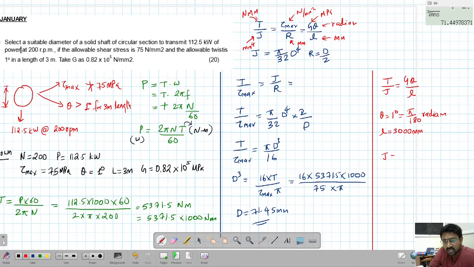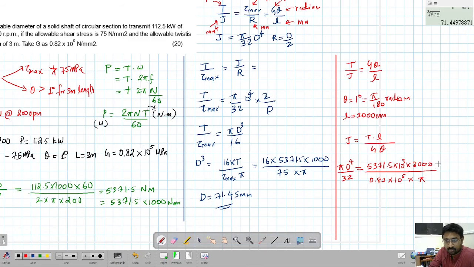So we can say J equals T times L divided by G into theta. The value of J is pi d raised to 4 upon 32. This should be equal to T, which is 5371.5 into 1000, times length 3000, divided by G, which is 0.82 into 10 to the power 5, times theta, which is pi by 180.